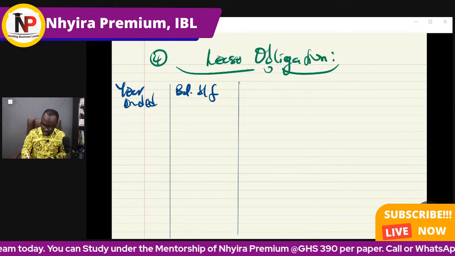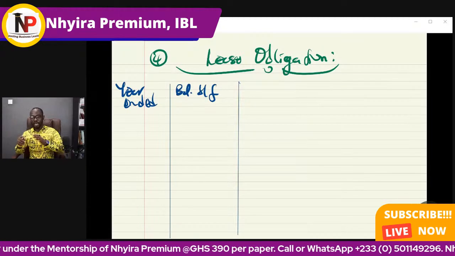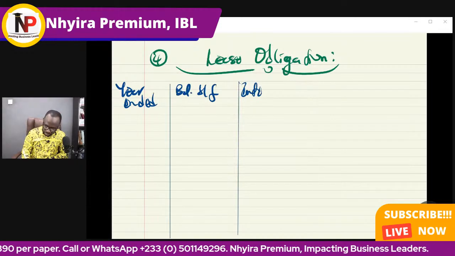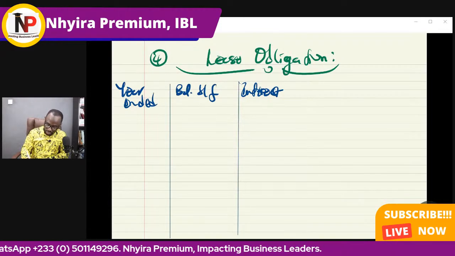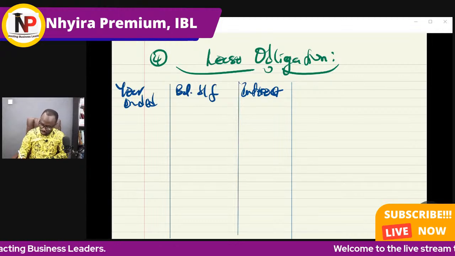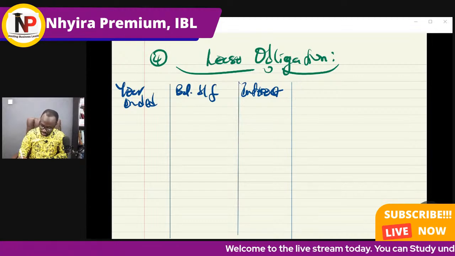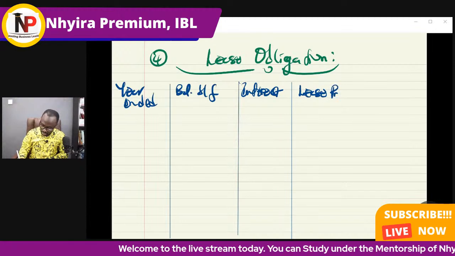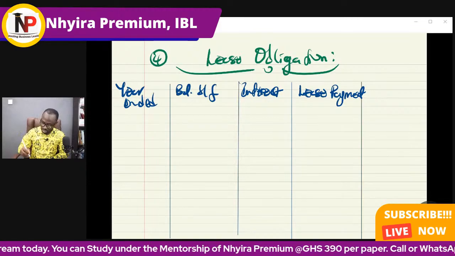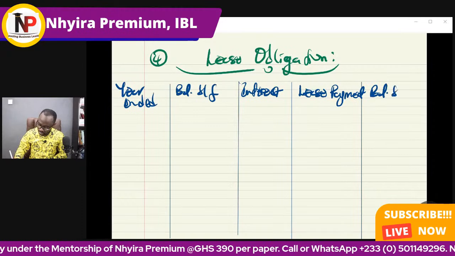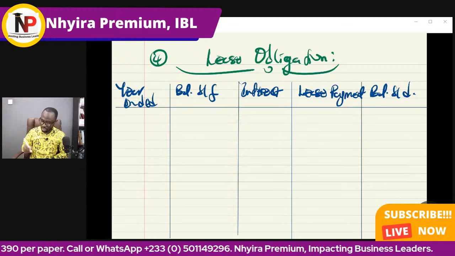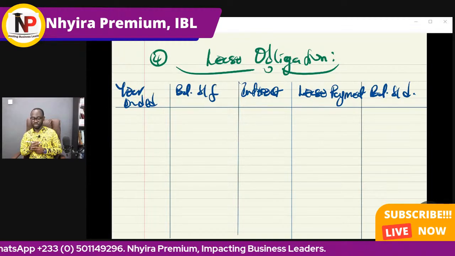Now remember here, payments are made at the end of the year, right? Hence, we will charge interest first. And then we will get the lease payment. Then we will get the balance brought down. So there we go with this one.